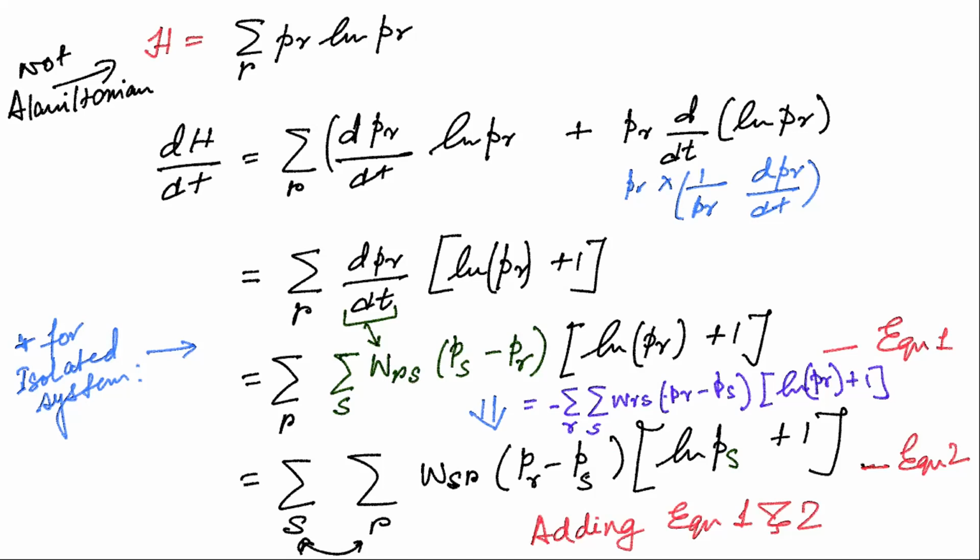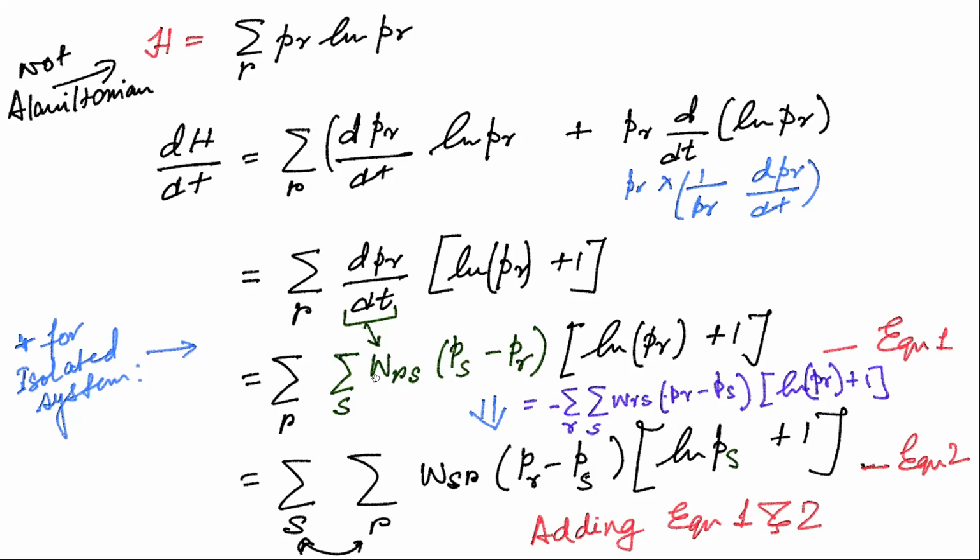We are looking at an isolated system. PS minus PR: this term is increasing PR, and this term is decreasing PR. So WRS times (PS minus PR) times (ln PR plus 1).